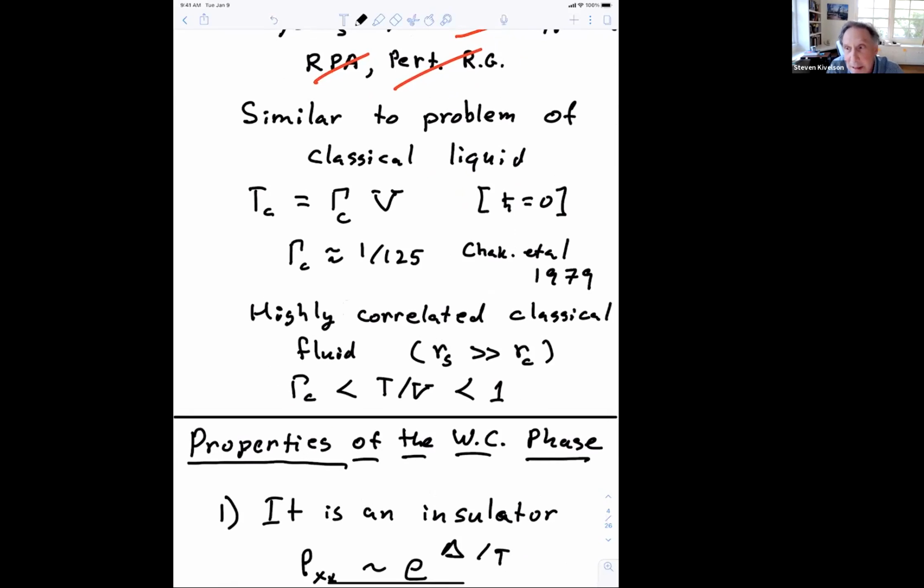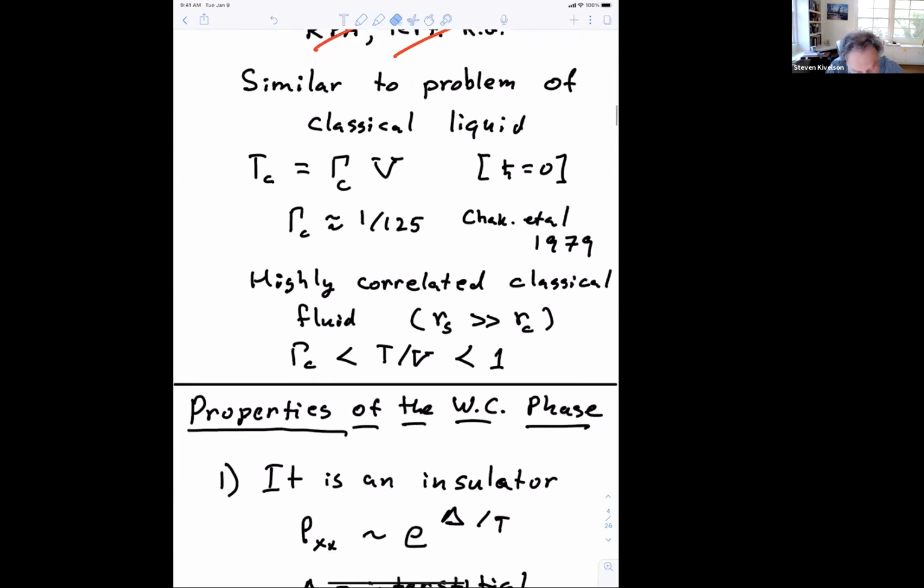This isn't unique to this quantum problem. This is really the problem of liquids, and even within this problem of the two-dimensional electron gas, a similar problem occurs if we just take classical Coulomb interacting systems. T_c is a number of order 1 times the typical interaction between electrons, but that number of order 1 was calculated even longer ago by Chakravarty and collaborators to be something like 1 over 125.